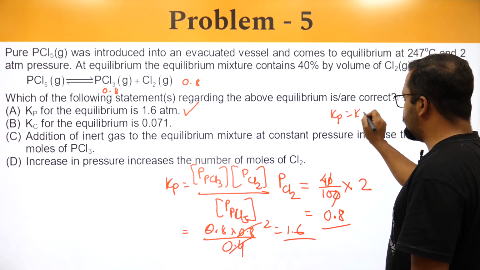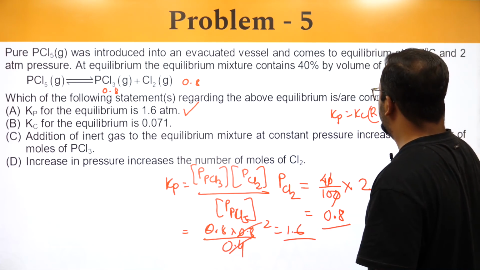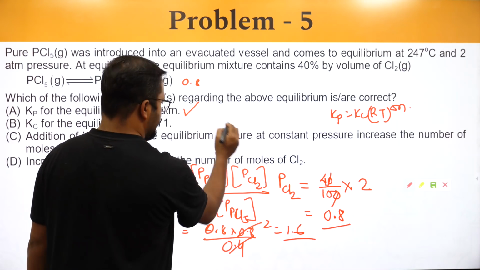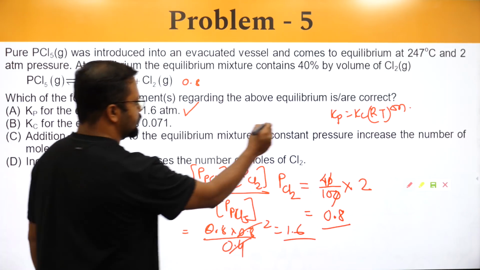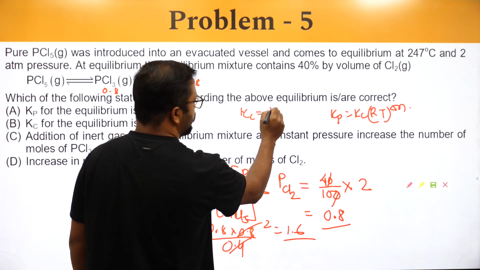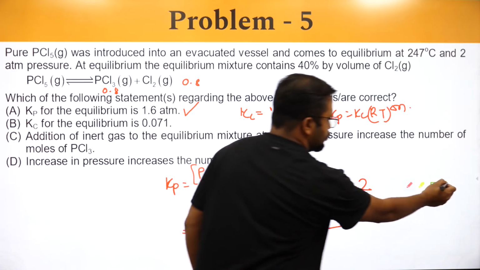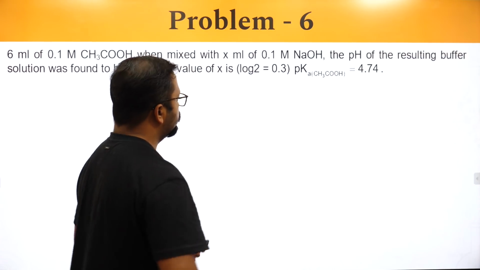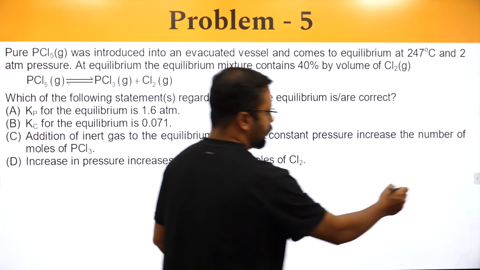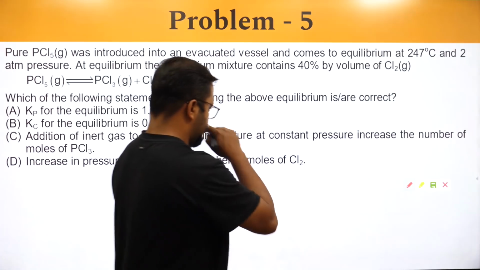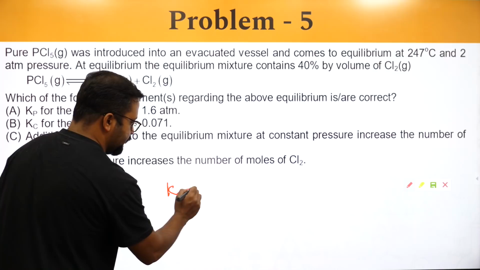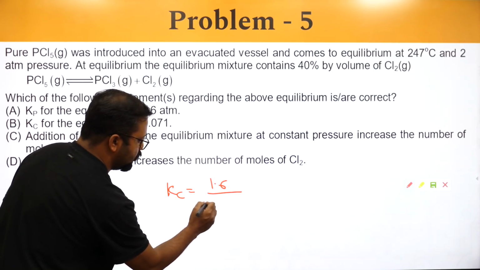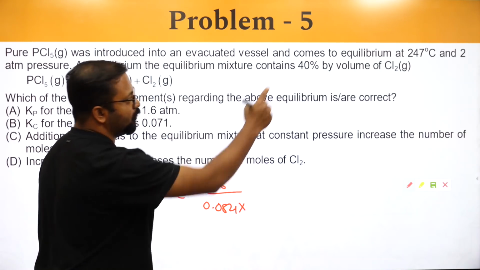You can identify Kc by using this relation: Kp equals Kc RT to the power delta n. What is the value of delta n? Delta n is equal to 1. So Kp, which is 1.6, Kc will become 1.6 by 0.0821 times 247.